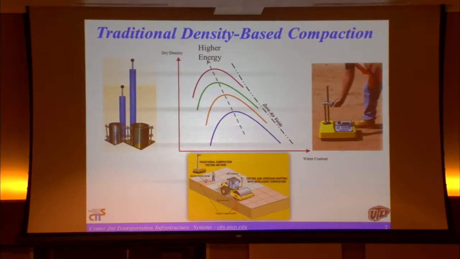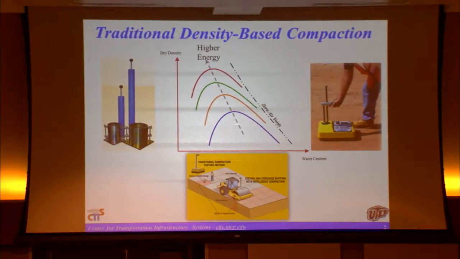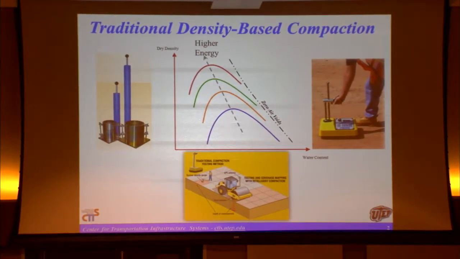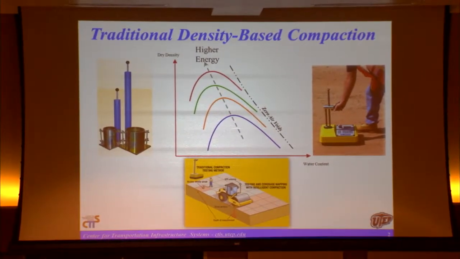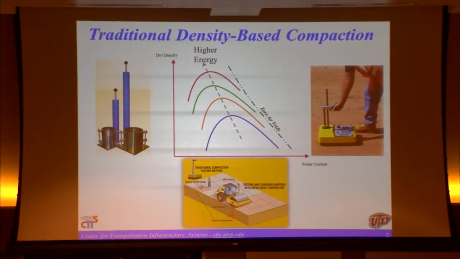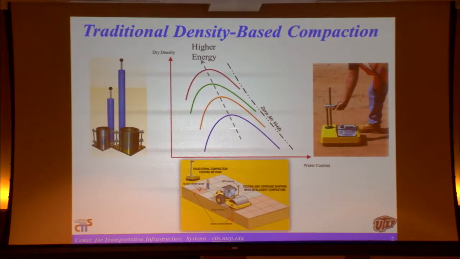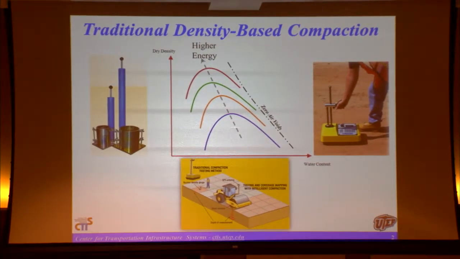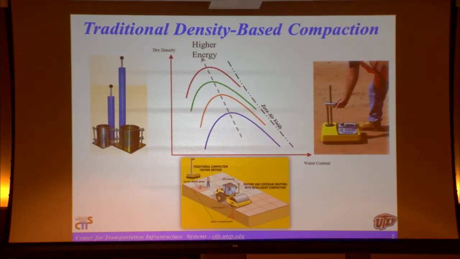Okay, no problem. Let's start looking at the traditional density-based compaction. We usually use the moisture density test, the Proctor test, to come up with a moisture density curve, so that we can judge the optimal moisture content and the highest density we can get.